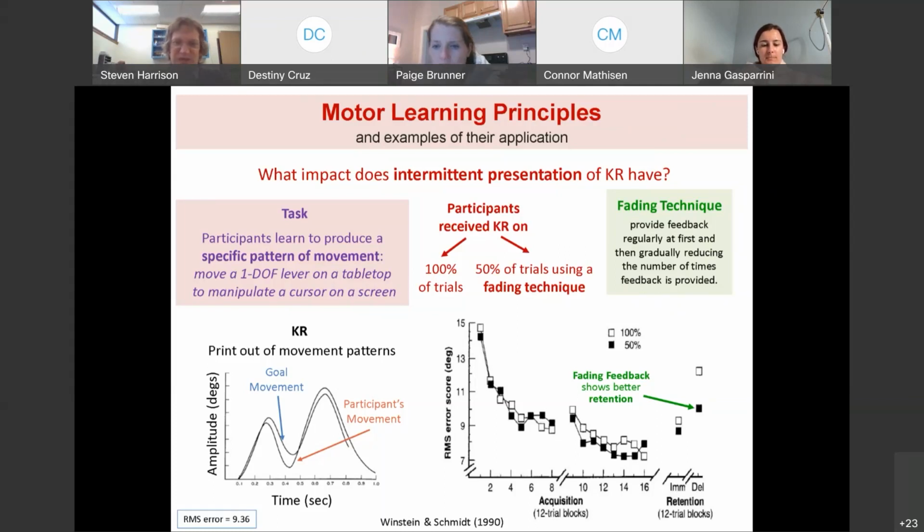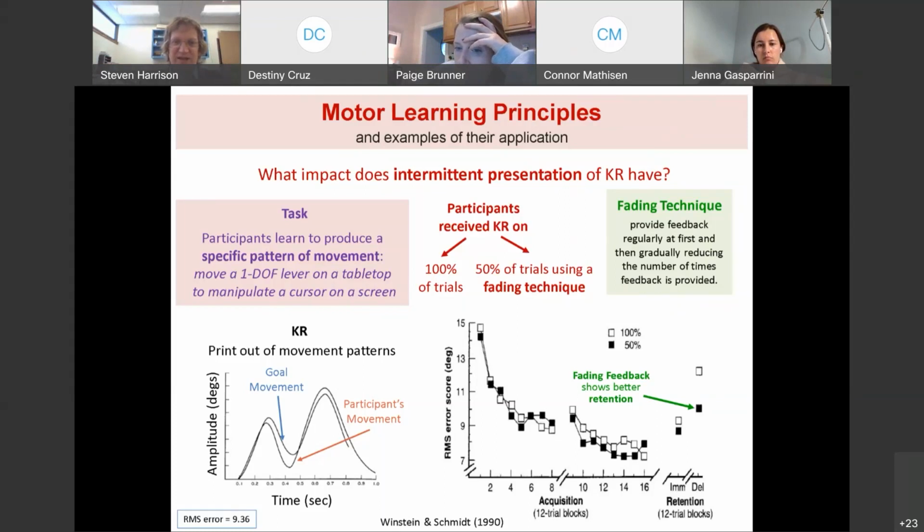The important thing we care about is the retention. We want someone to learn something, to be able to walk away and come back and be able to produce it. In the retention area, we've got IMM, which stands for immediate, which basically means we run a block of trials immediately following trial 16.